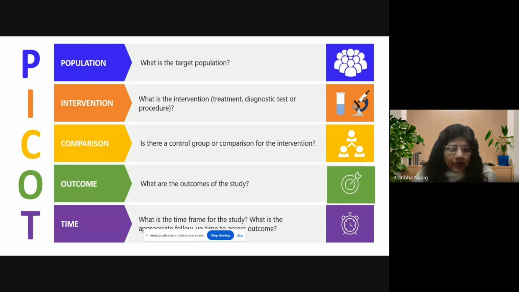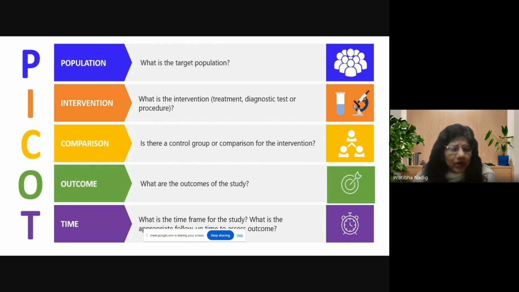It depends. Now, if you are studying quality of life in type 2 diabetes patients, or the incidence of complications in type 2 diabetes, what I mentioned just now, who is the target population? Type 2 diabetes. What is the intervention? Does not apply. Is there a control group? You can have a control group if it is modified, but right now, what are the complications in type 2 specifically?